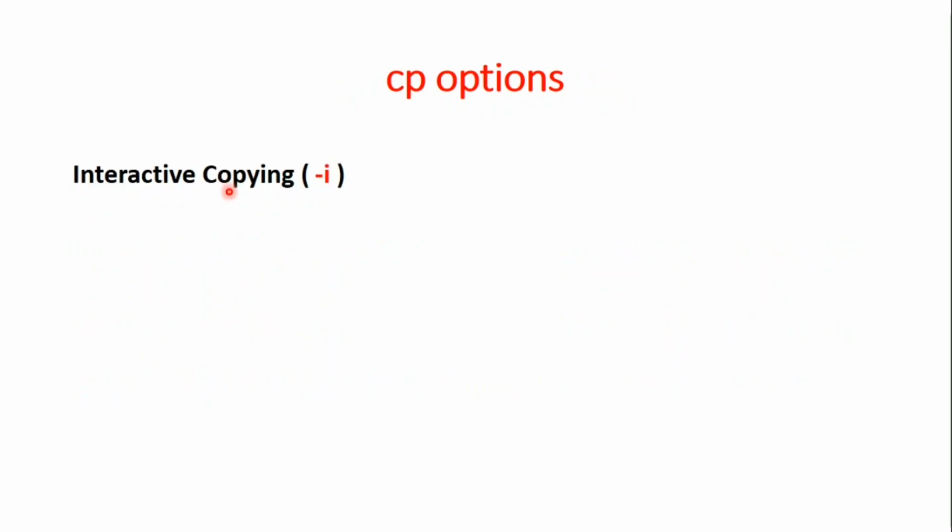Interactive copying with the option -i. If I make use of -i as an option, then the system will prompt a message saying, do you want to overwrite until? If until already exists, then the content of until will be overwritten with the content of chap01.